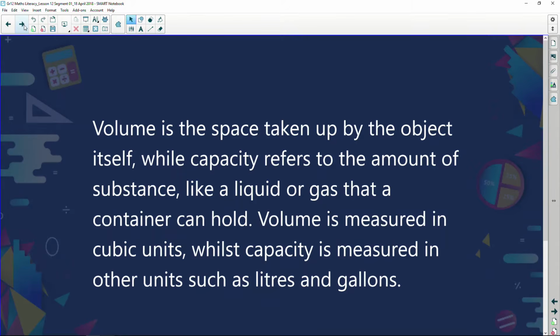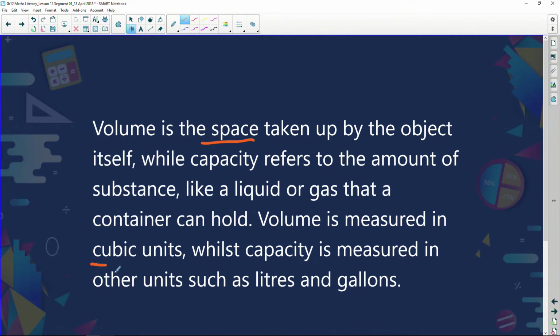Before we start looking at those examples, let's just remind ourselves about the difference between capacity and volume. Volume is the space taken by an object, while capacity refers to the amount of a substance, like a liquid or gas, that a container can hold.